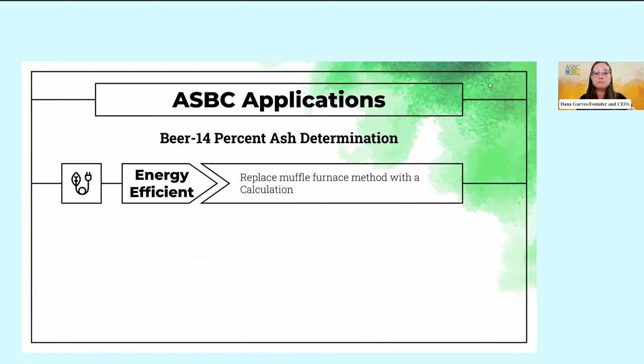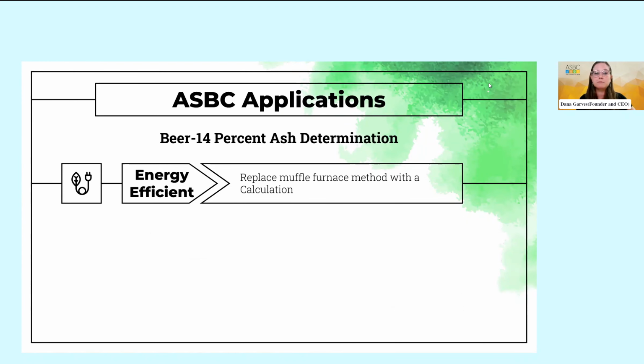If your brewery is in a position where you're considering testing ash, your percent ash, and you're looking at maybe getting a muffle furnace for this, I say don't. While measurements like this are always going to be more accurate than a calculation, I think that replacing this with a calculation is more energy efficient.